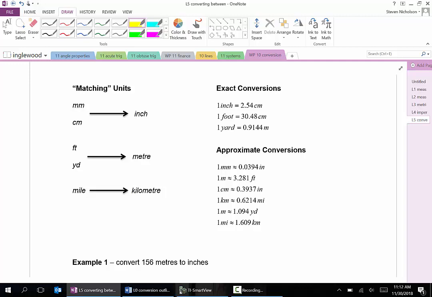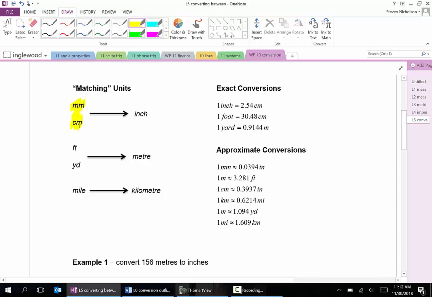We either change systems at the very start and we work our way along the other system, or we work in the first system, we get close to a measure, and then we jump at that point. So this is what I mean by matching units.